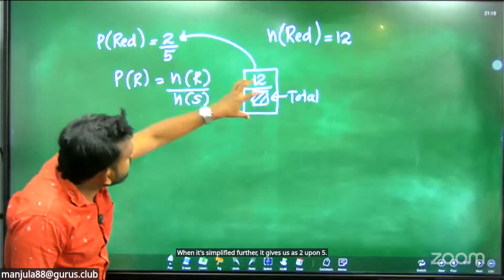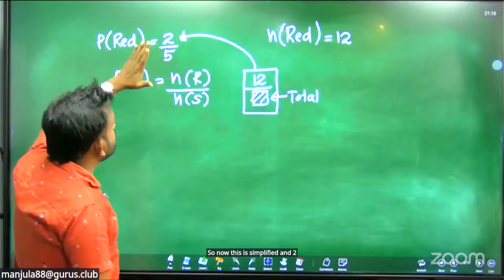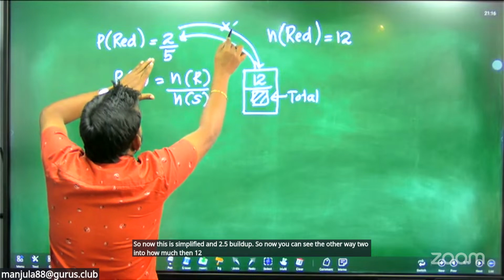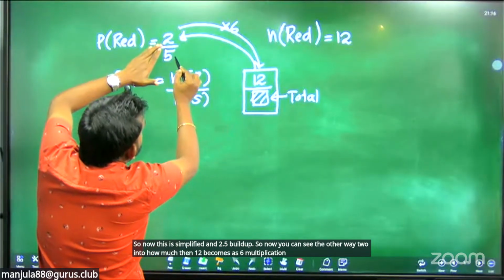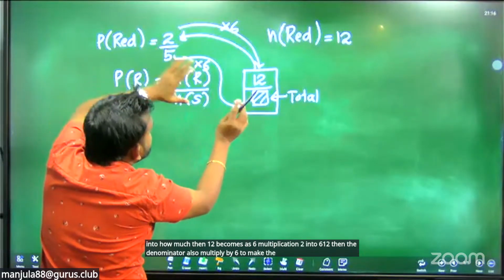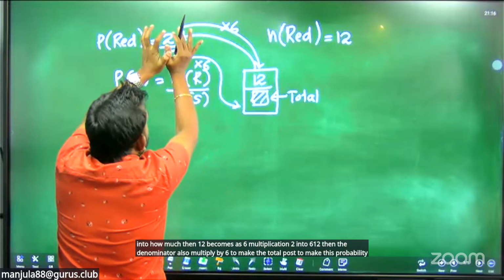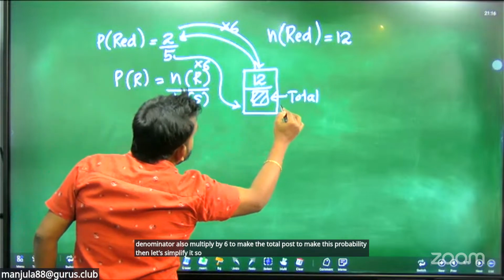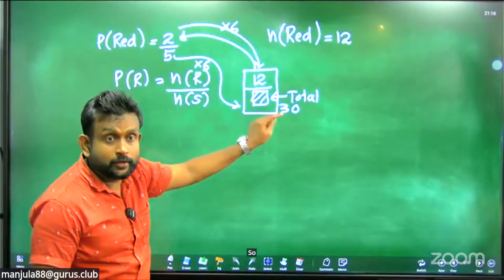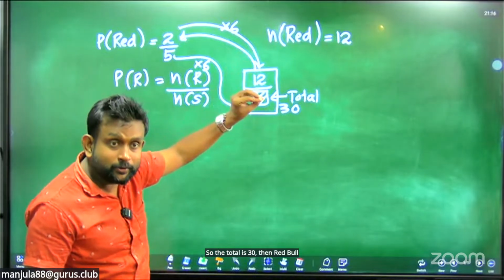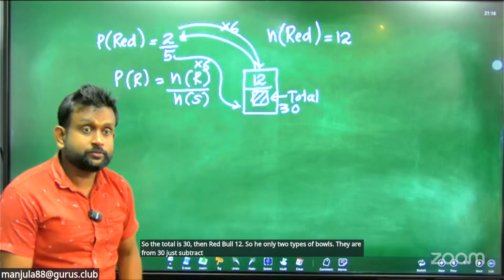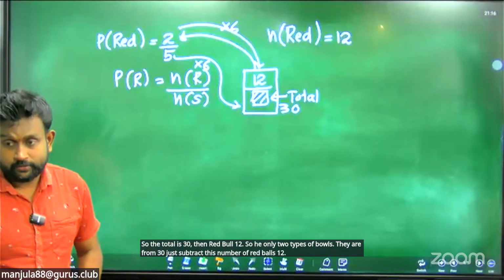So now you can see the other way: 2 into 6 gives 12, so the denominator also is multiplied by 6 to make the total balls. 5 into 6 is 30. That's what we did. So the total balls are 30 and red balls are 12. Here there are only two types of balls. From 30, just subtract the number of red balls, 12.